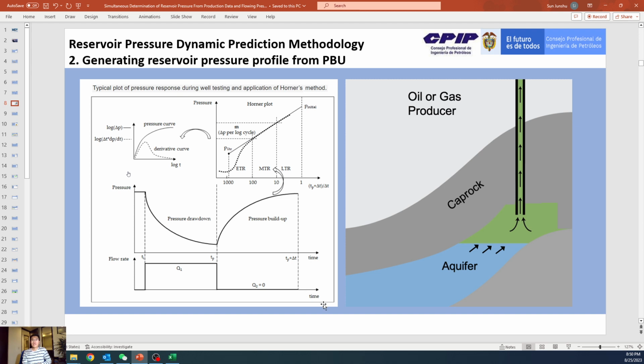Then in a reservoir with aquifer, we can assume the final buildup pressure equals the pressure near the aquifer. From the pressure recording, we know the pressure near the well wall, and we know the times of the buildup.